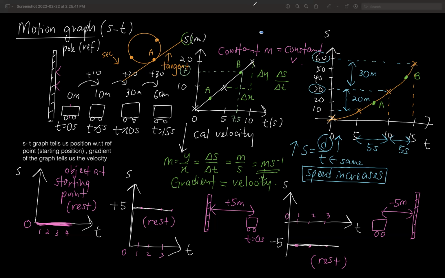So if I want to draw the tangent at point B, then I would draw a line that only touches point B like this. It is a straight line, guys. You have to draw a straight line that only touches point B, because at point B the line is actually curving.